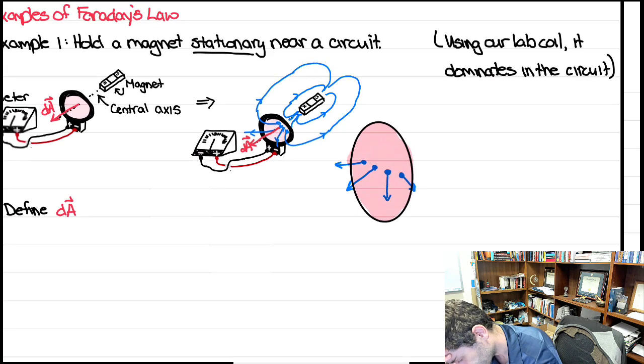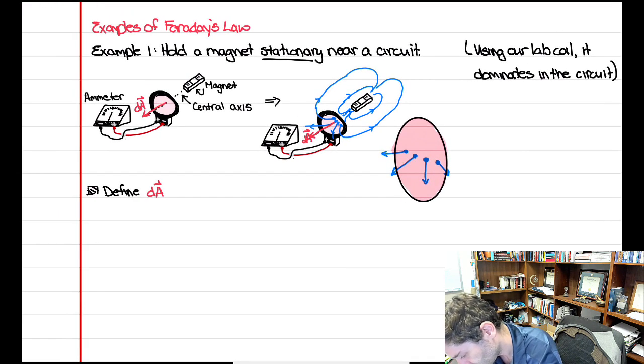And then for each of these, if we decide that these dAs cannot point in different directions, we're just going to have something that looks like that.